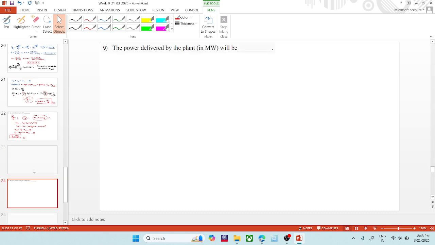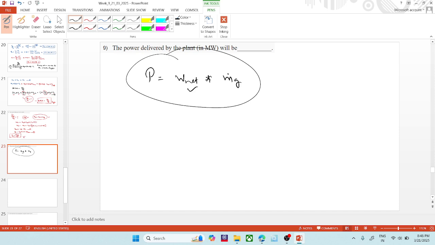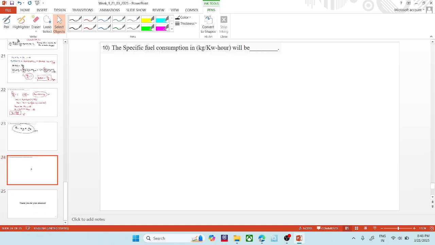Next, what they have asked is to determine the power delivered. Power delivered would be W net into mass flow rate of gas. This thing we know, this thing we know, and we can calculate this also. Next, they have asked for specific fuel consumption.